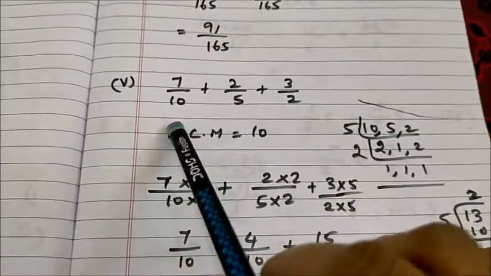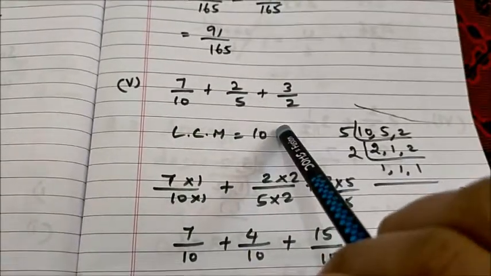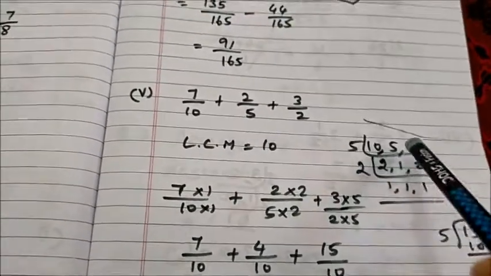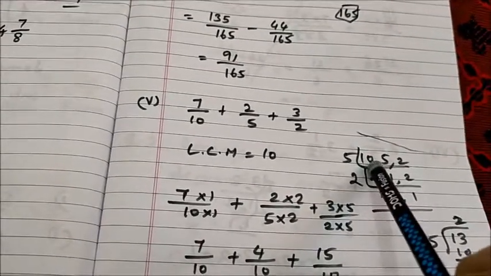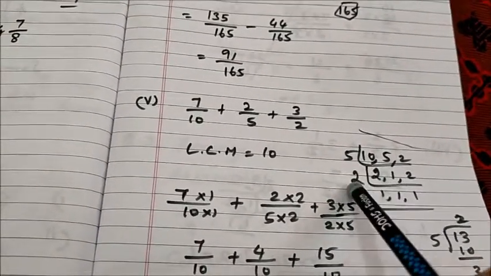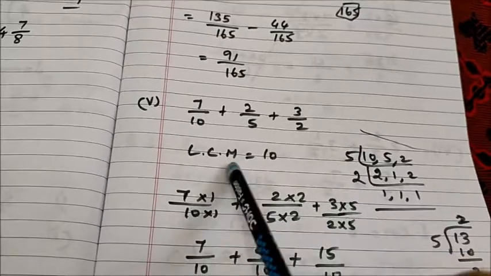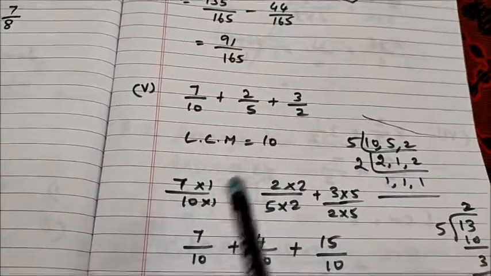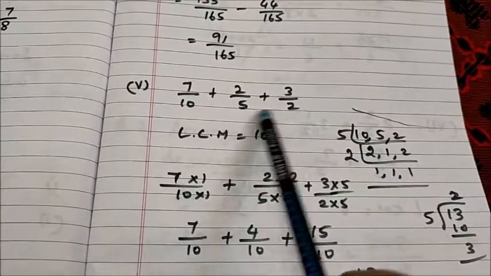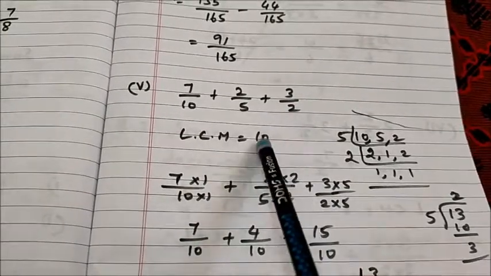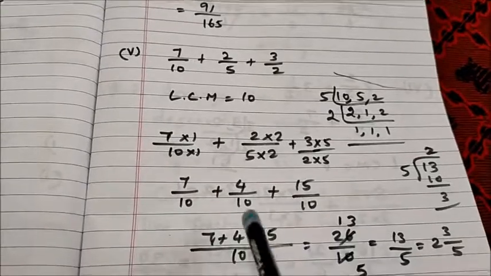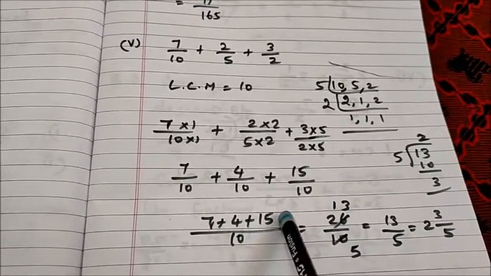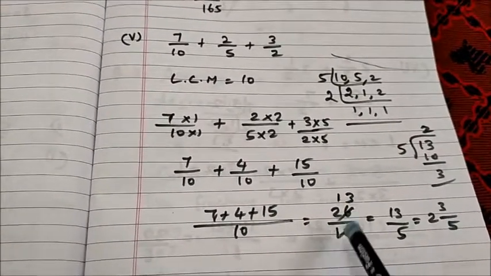Next one is 7 by 10 plus 2 by 5 plus 3 by 2. The LCM of 10, 5, 2 is 10. We take these two numbers, which go with 5, and then multiply by 2. So the LCM is 10 and we change the denominators to 10. Adding the numerators we get 26 by 10.